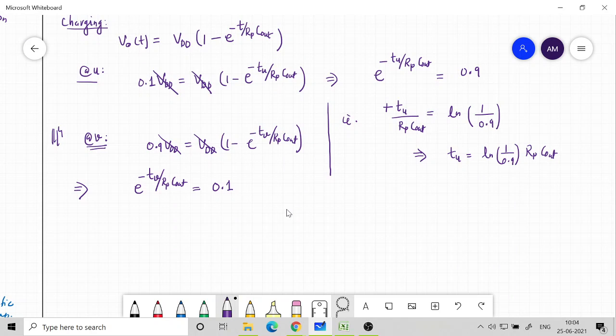Then, like before, I take the logarithm. What will I get? TV, I will get as ln of 1 by 0.1 into RP C out.